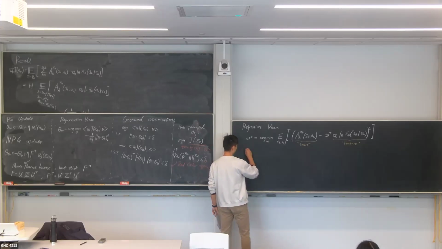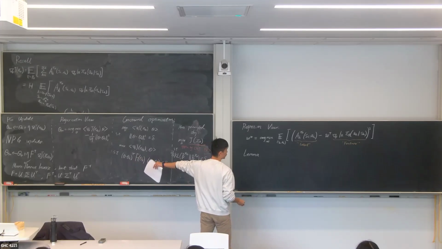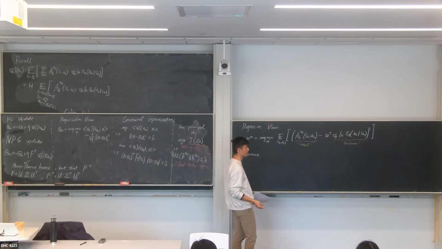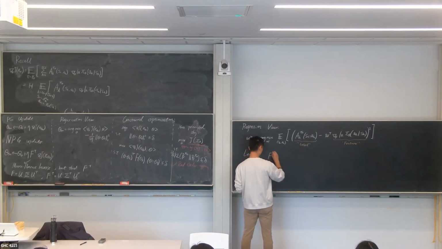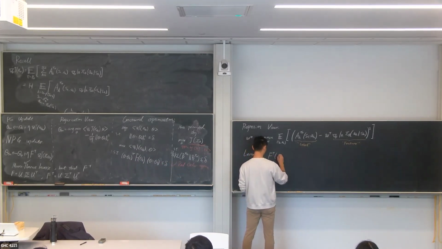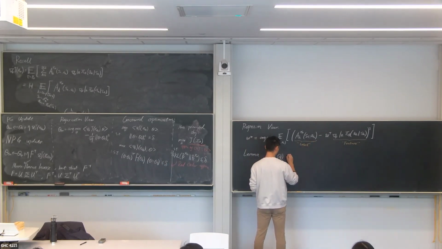Okay, so the update, which involved the Fisher information matrix times the gradient of the objective, it turns out this is the same as the regression parameter coming out of this.